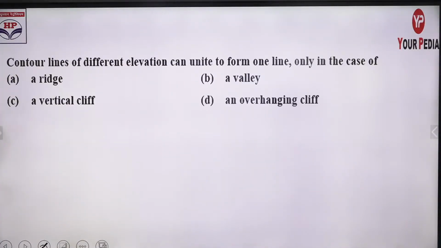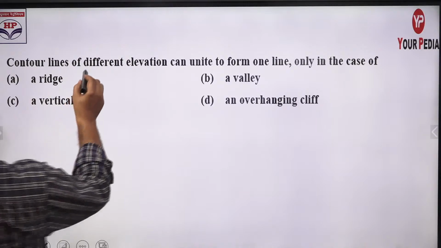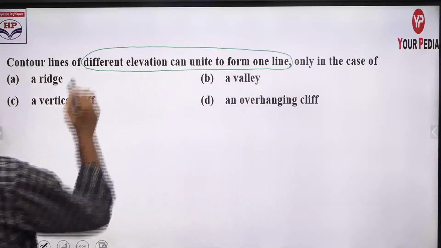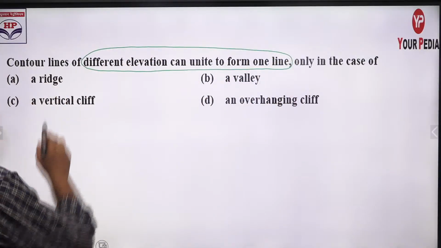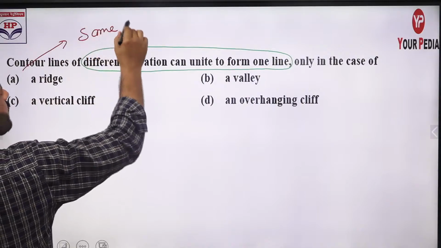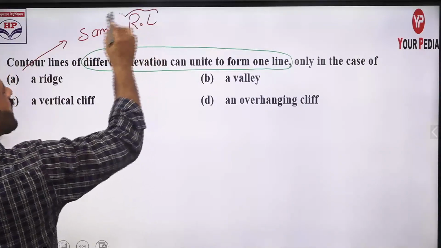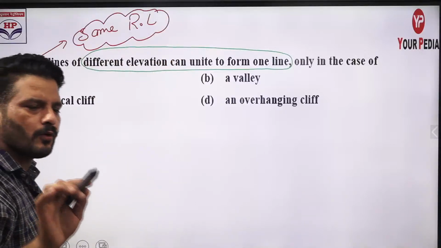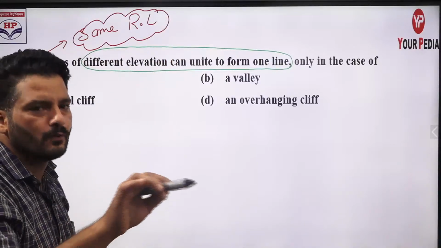Okay, next question: contour lines of different elevation can unite to form one line. So what is a contour, guys? Points of equal elevation, points of the same reduced level. When we join them, we obtain an imaginary line known as a contour line.